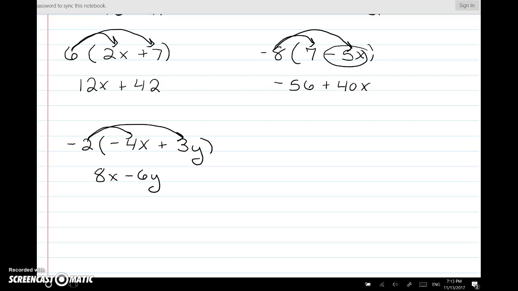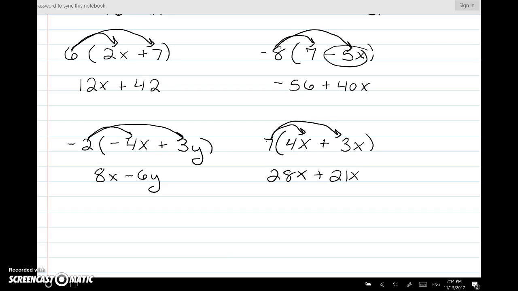One more example. 7 times (4x plus 3x). Now, if I'm asking you to do the distributive property, you're going to distribute to both terms. 7 times 4x is 28x, plus 21x.